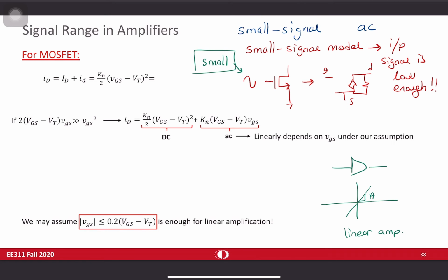In practice, when you take a look at the real drawing, it's not going to be a linear curve for the whole range, for the whole input and output range. Let's say this is output, this is the input. So this is the ideal case. In practice, of course, you will see some deviation, some saturation or whatever.